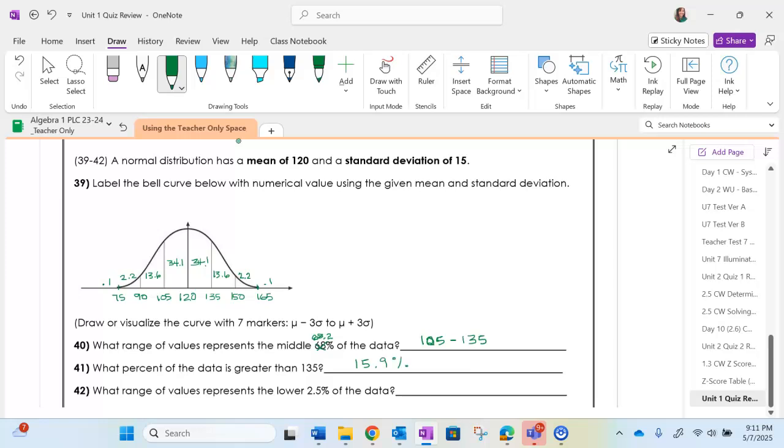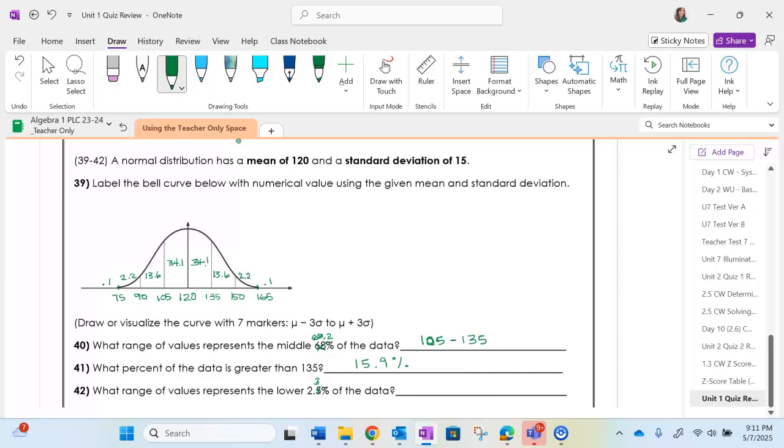Okay, and then what range of values represents the lower? This should be lower 2.3% of the data, which means I need to know the range of values that represents this low end.